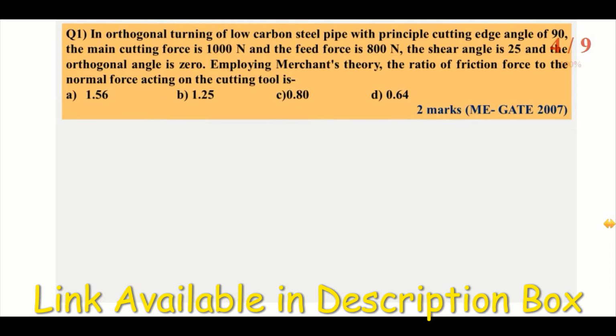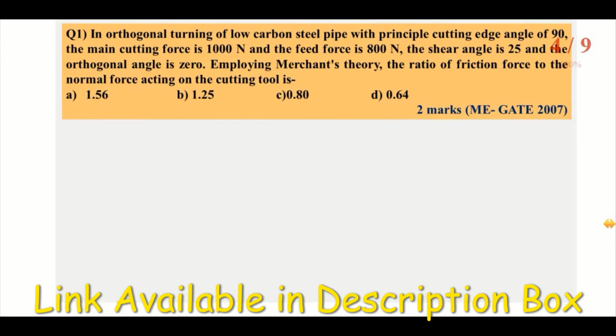The shear angle is 25 and the orthogonal rake angle is 0. Employing Merchant's theory, the ratio of friction force to the normal force acting on the cutting tool is: the options are 1.56, 1.25, 0.8 and 0.64.